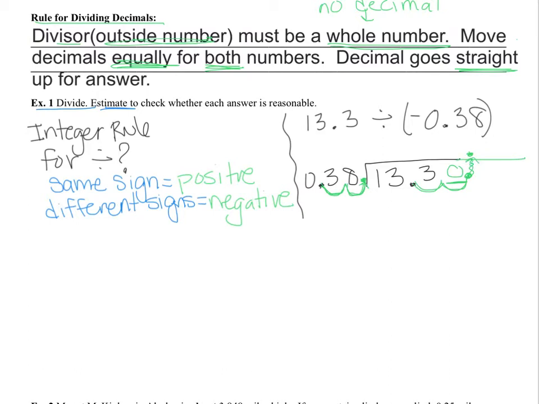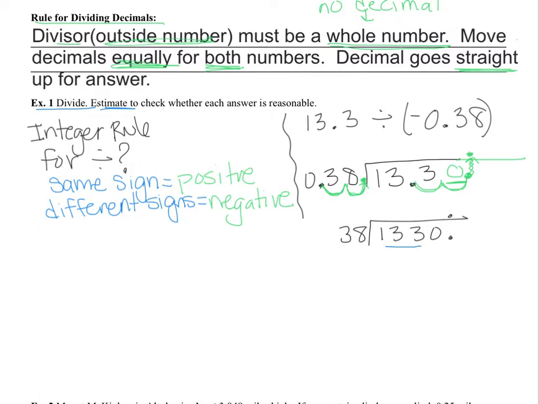Alright, so now that we have all of our decimal rules followed, I like things to be neat and tidy, so I like to rewrite my problem. So, decimal, and now we have 1,330 divided by 38. 38 doesn't go into 13, so we're looking at the 133.